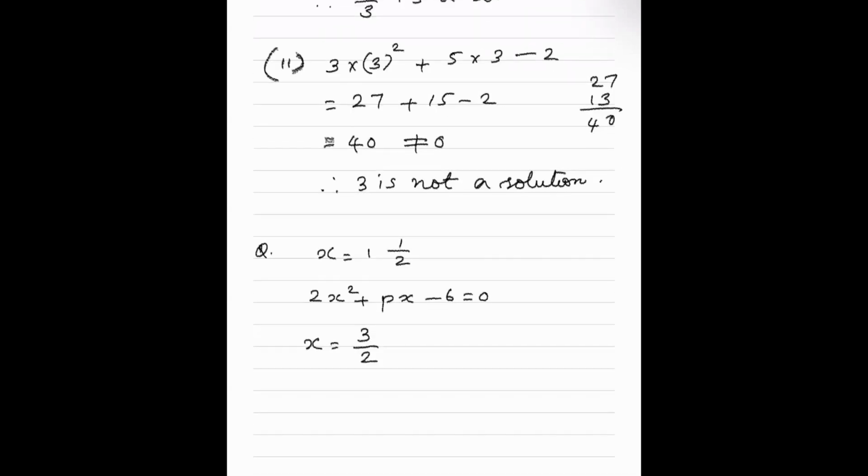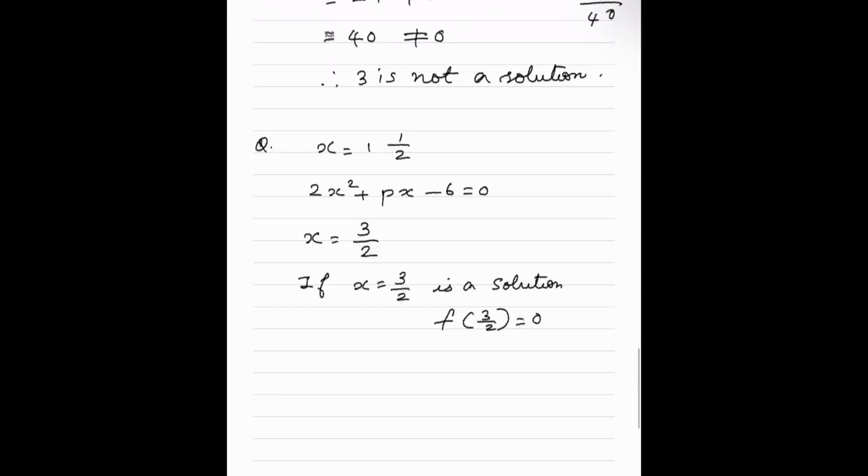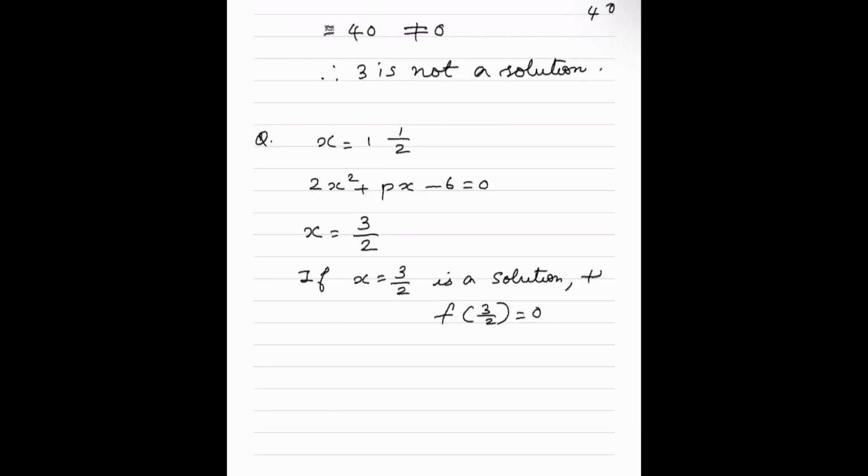Now, if x is equal to 3 by 2 is a solution, f of 3 by 2 is going to be 0, right? It has to be 0. Then what you will write is f of 3 by 2 is 0.